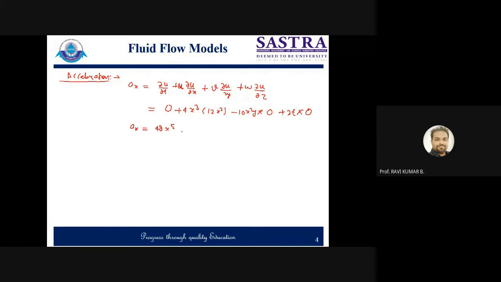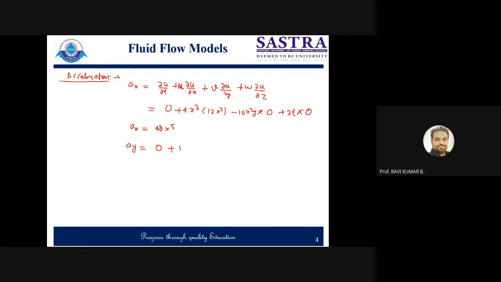Similarly, you go for ay. I will make it very simple. Keep in mind everywhere, in this bracket we are now using small v, and the v value given is minus 10x square y. So the moment you differentiate that with respect to time, ∂v/∂t, the first term becomes 0, plus now u will come.